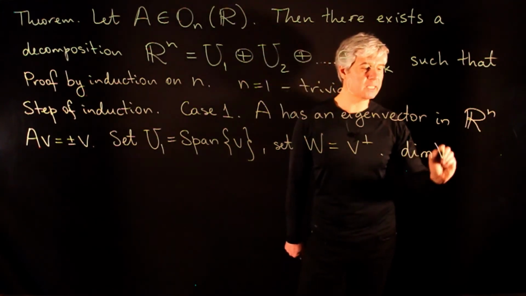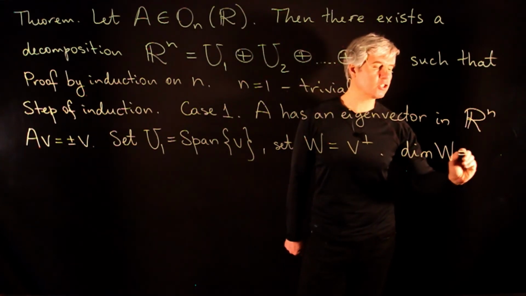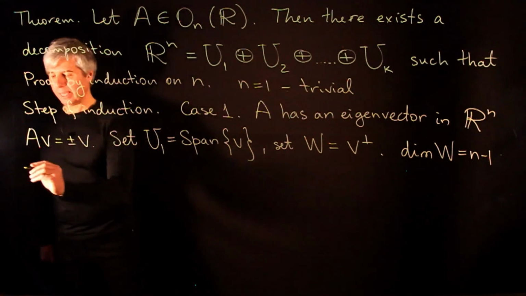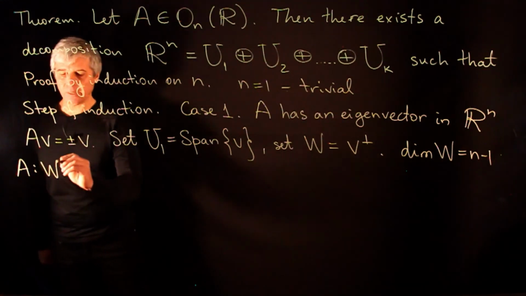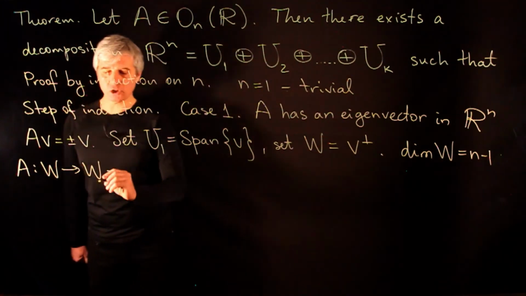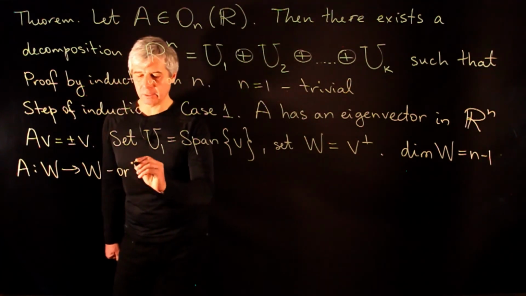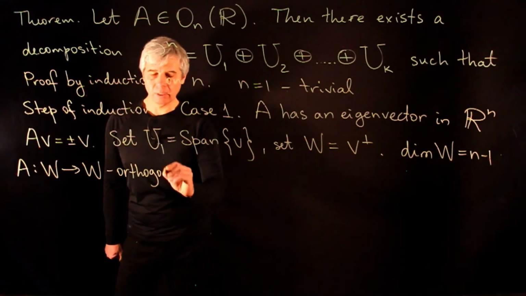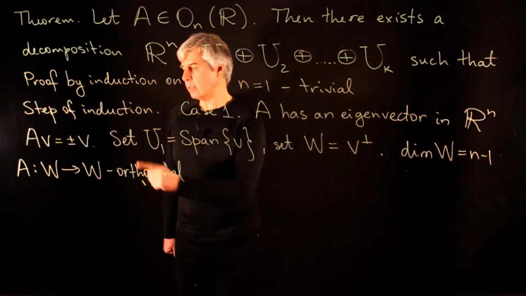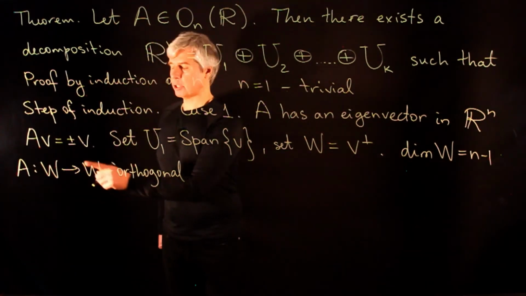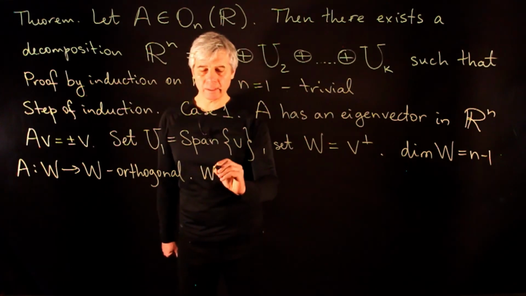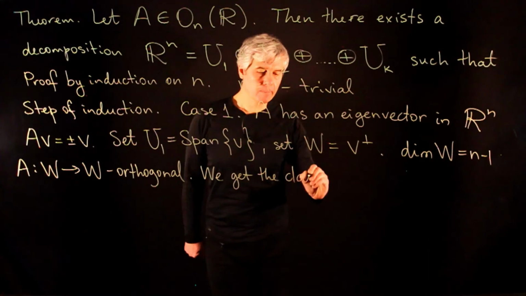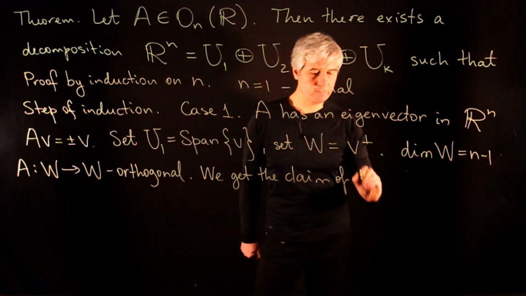And W will be a Euclidean subspace of dimension n-1. Then by the proposition that we proved, A becomes an orthogonal transformation on an n-1 dimensional Euclidean subspace. And then applying the induction assumption to W, we get the claim of our theorem.